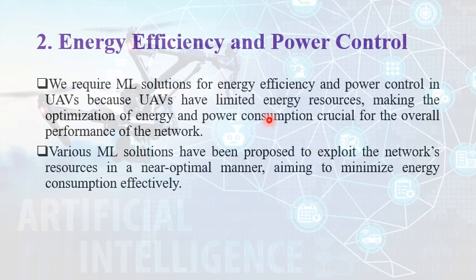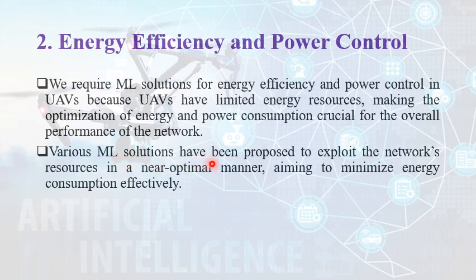Okay, the second challenge is dedicated to energy. We have energy efficiency and power control. As you are aware, we have SWaP constraints in UAV: size, weight, and power limitations. Energy is a scarce resource for UAV. We need to carefully optimize the energy to handle these limited resources.